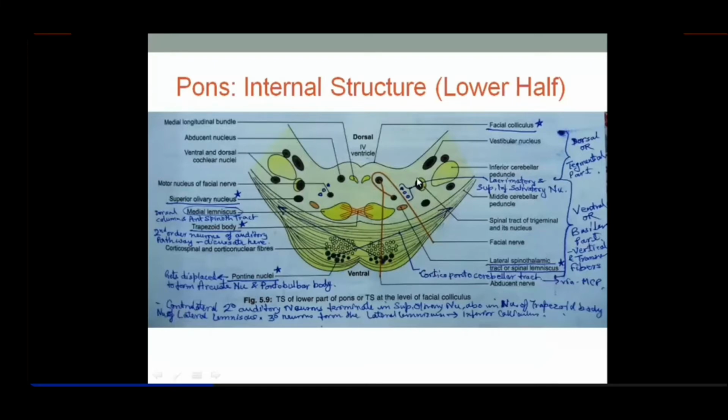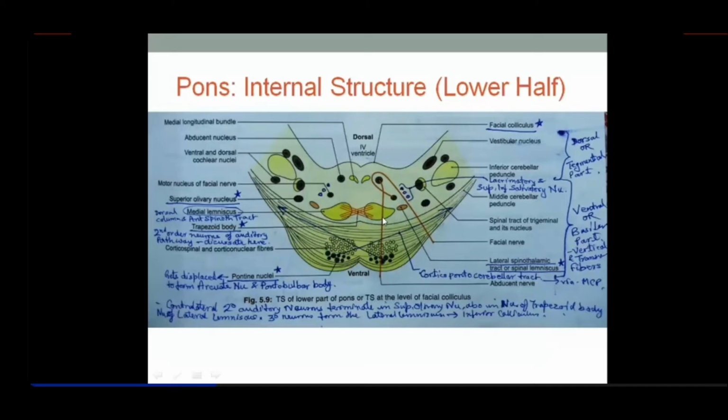Otherwise, the lateral extension of the pons, I have already told you, is a bridge, right? It is the middle cerebellar peduncle which extends laterally to join with the two cerebellar hemispheres. Now, to study this categorically, we divide our teaching pattern so that it's easier for you.